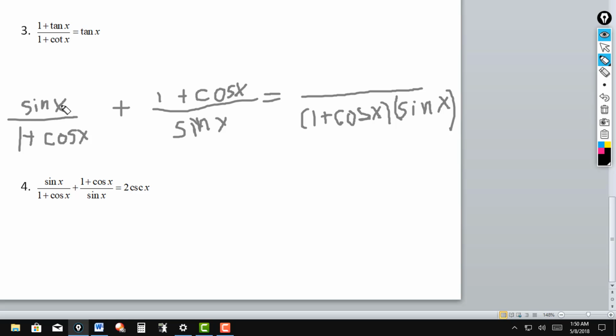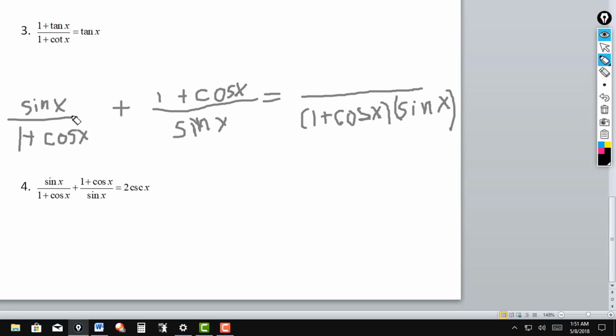Now on top, basically it's going to be this times this, and this times this. Because to get the LCD, I'm going to multiply the top and the bottom by sine of x here. And over here, I have to multiply by 1 plus cosine x, top and the bottom. So it's the same thing as cross multiplying here. Now here I do want to multiply because I'm getting quite a few terms.